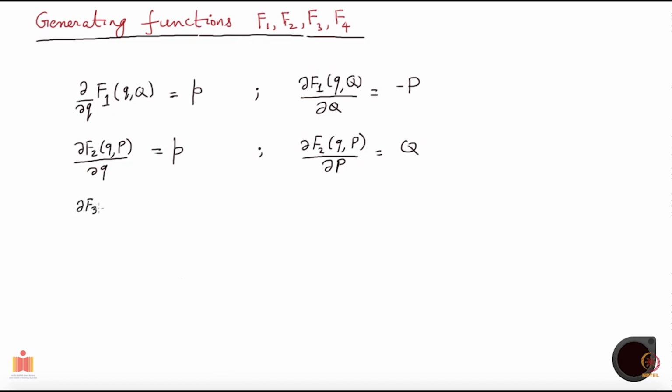Delta f3, and this will be our table which we can refer to later, is minus small q, and delta f3 of small p and capital Q over delta capital Q is minus p.